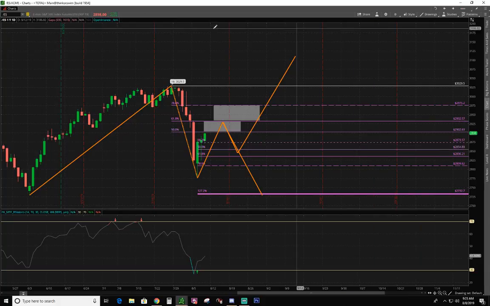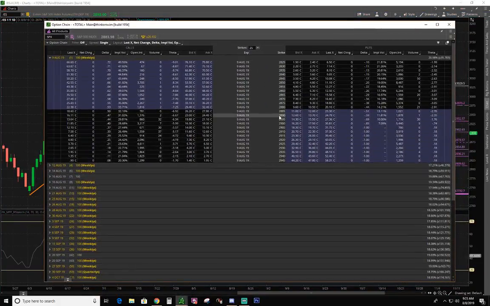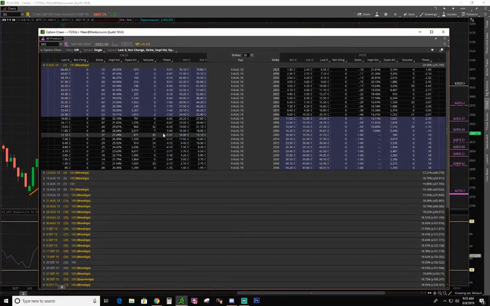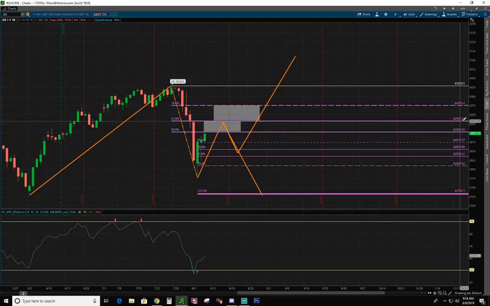Okay, so does that happen? Let's see. 2900, we get up to this zone and we just kind of hover around. Higher, 75s. Let's see. Yeah, 2900. Well, we're not gonna go up that high. 2925, that gets us to that 618 range. So, do we get in here and just chop around for the rest of the week?